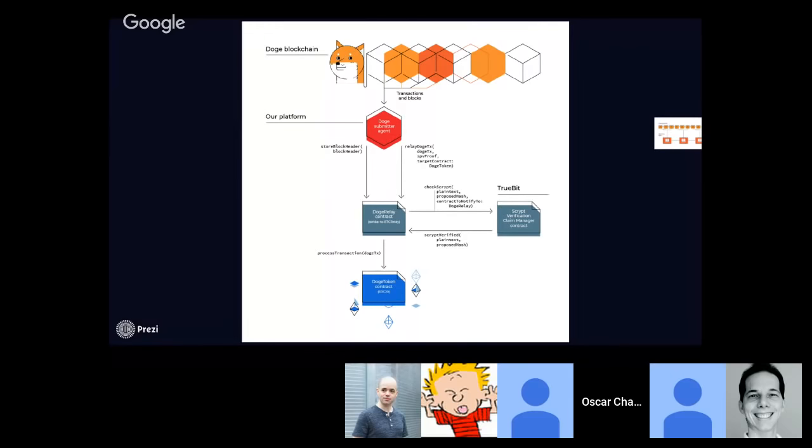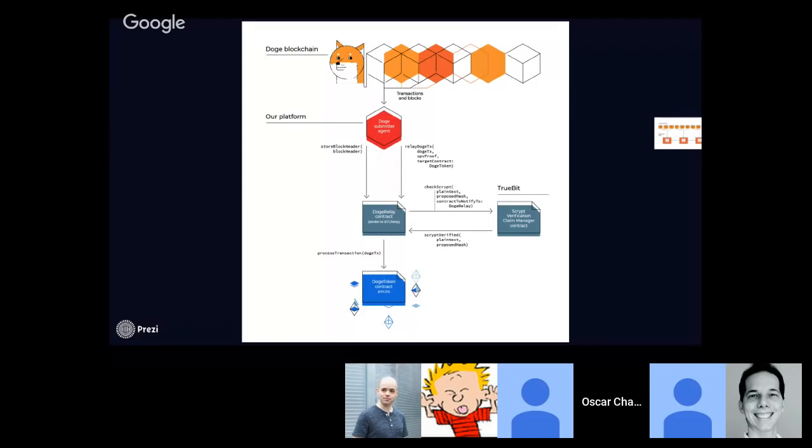And to verify its proof of work, since Dogecoin uses a scrypt hashing algorithm, it requires 300 million units of gas to execute the validation on chain. And that's impossible to execute on chain. So for the previous demo we implemented the scrypt hash interactive verification, and that solved that problem.